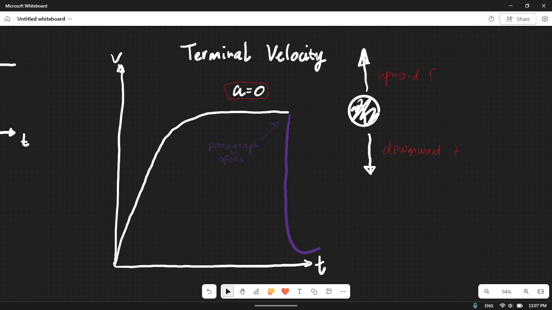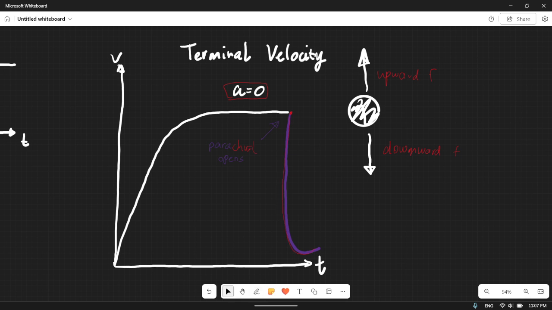Now in many physics questions, you'll have a parachutist jumping from an airplane. After the parachutist reaches terminal velocity, this is the point where he opens the parachute.